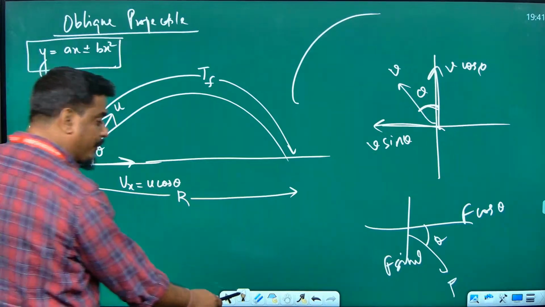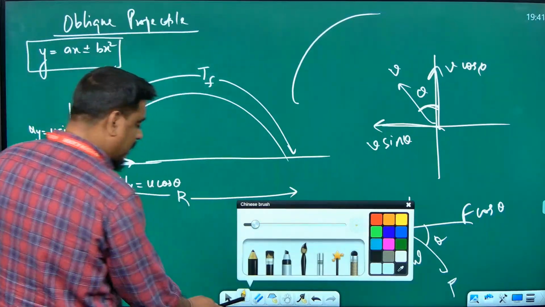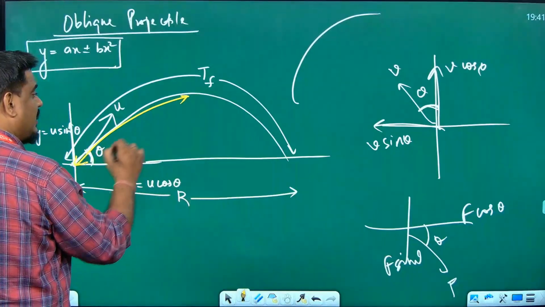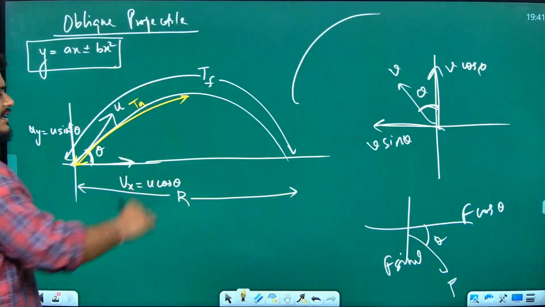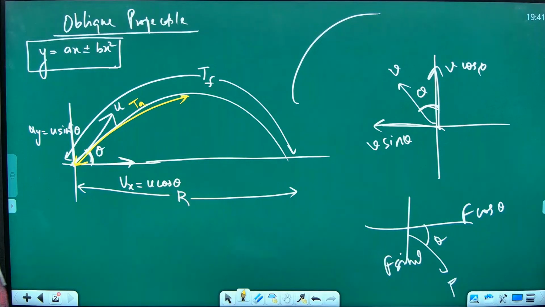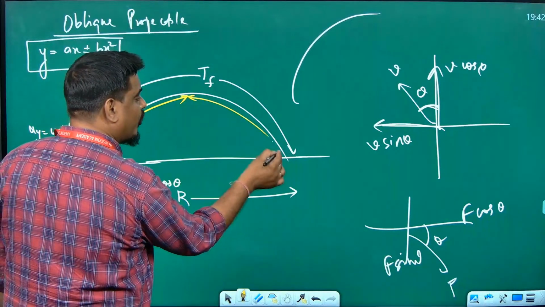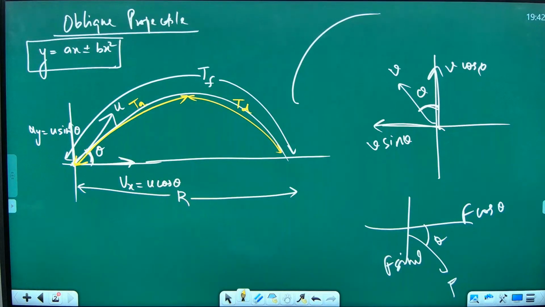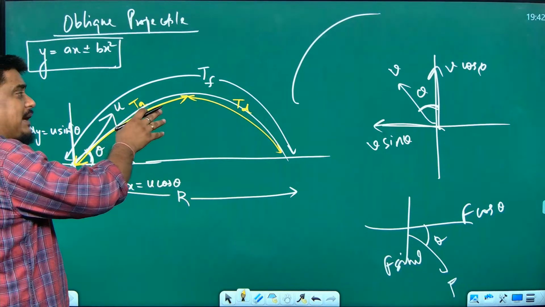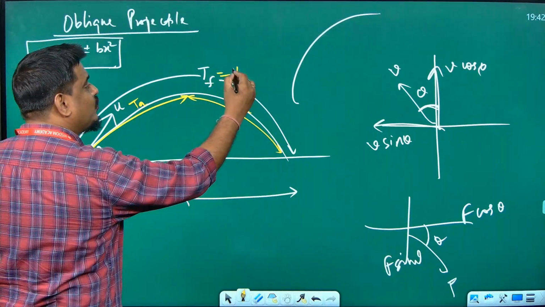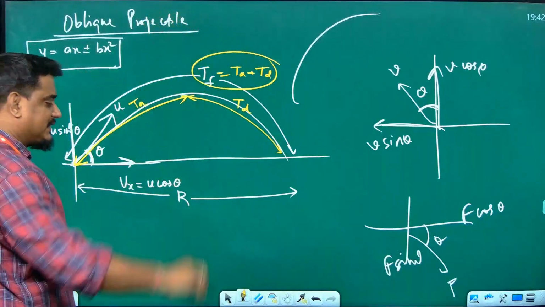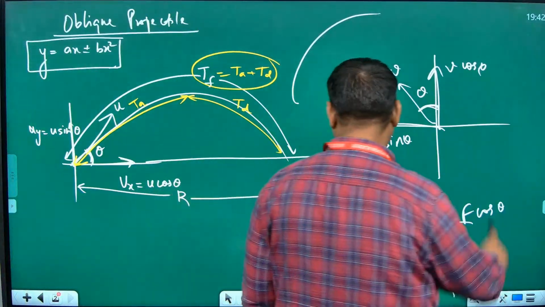How much time a projectile takes to start from its initial position and reach the half position is called the time of ascent. How much time it takes to come from top to bottom is called the time of descent. And common sense says that if you add time of ascent plus time of descent, you get the time of flight. Is it clear to you?